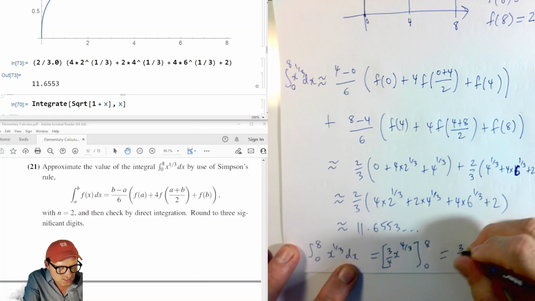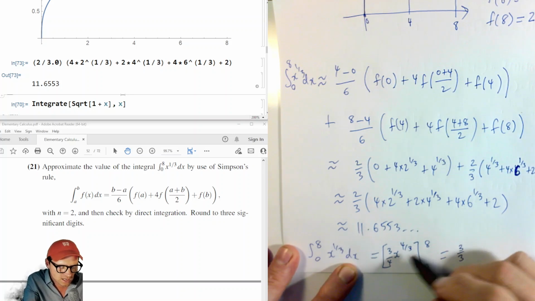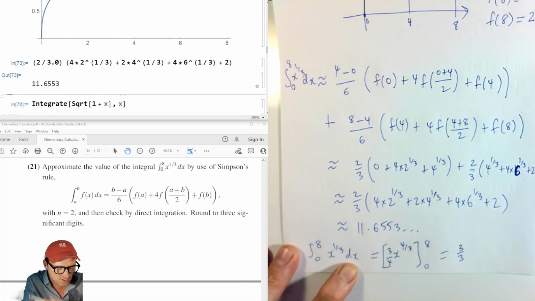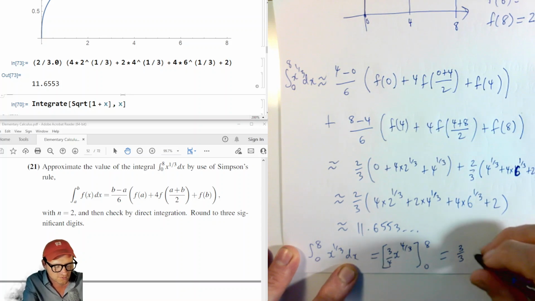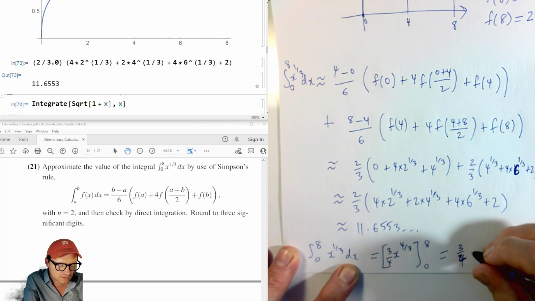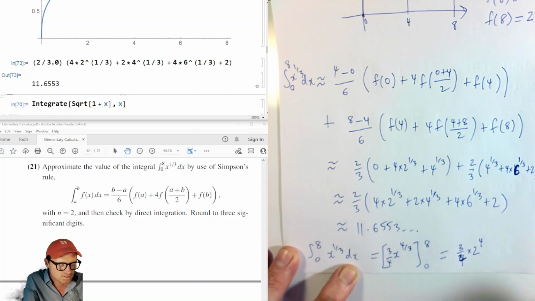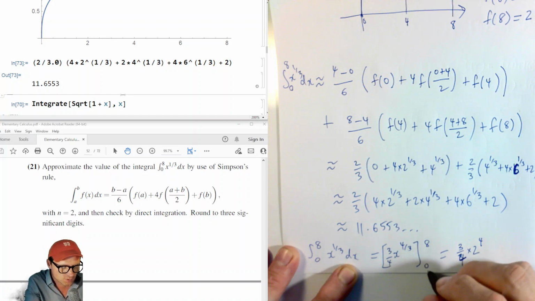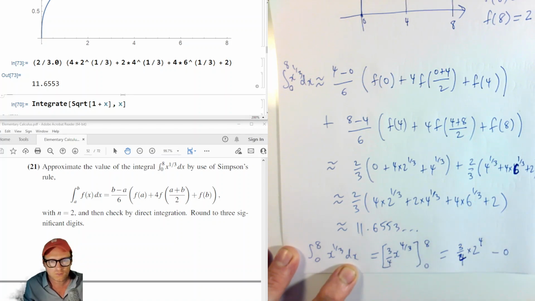And so that is 3/4 of, now 8 to the power of 1/3 is 2. 2 to the power of 4, which is 16. And then when we sub in 0 here, we just get 0.